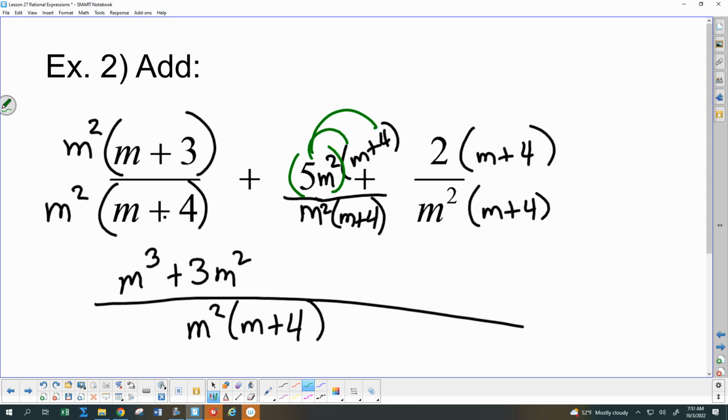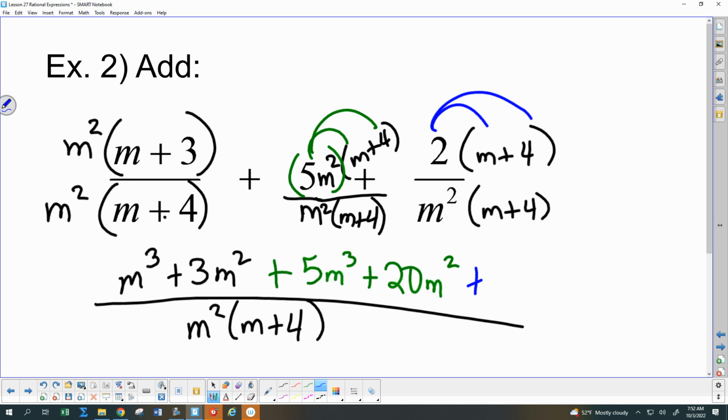We can go ahead and take 5m squared all at once. John, can you do that distributing for me? Sounds good to me. And then for our last one, we need to distribute the 2. And what do we get there, Anna?